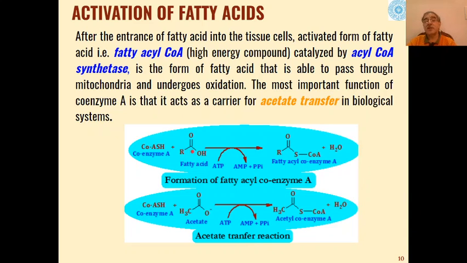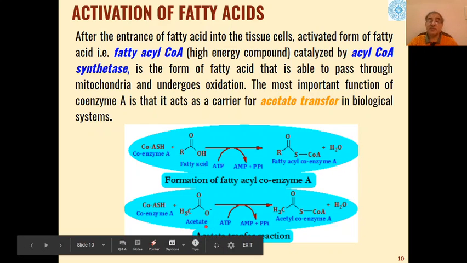That energy will be used up in formation of a thioester bond between SH and this OH. So OH from here, H from here is eliminated and we will get this acylated fatty acyl coenzyme A as the product.